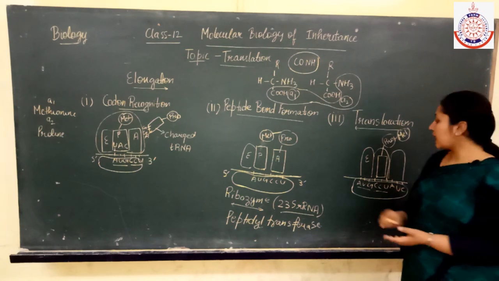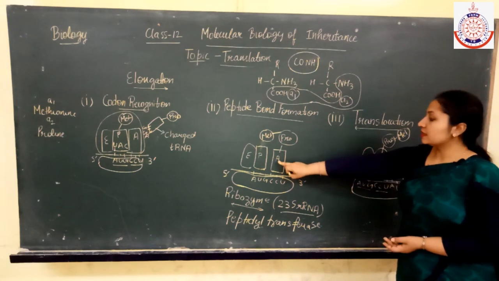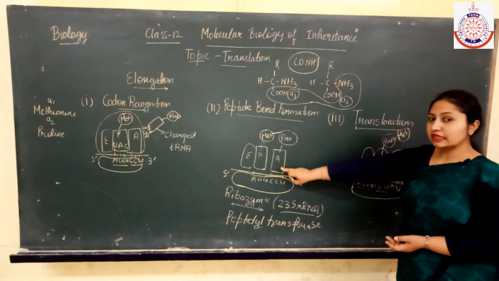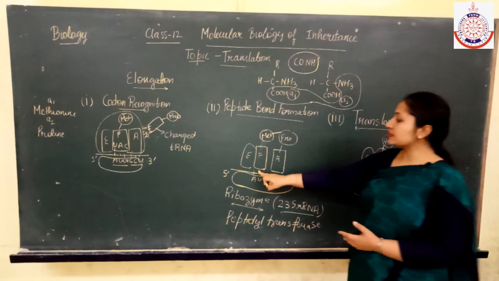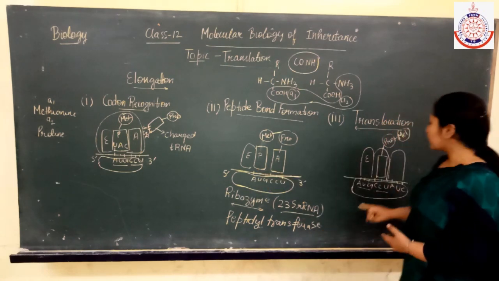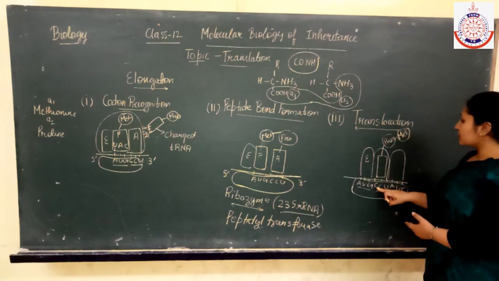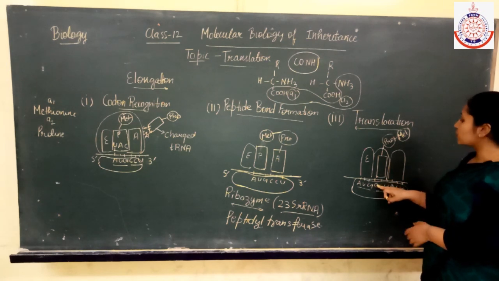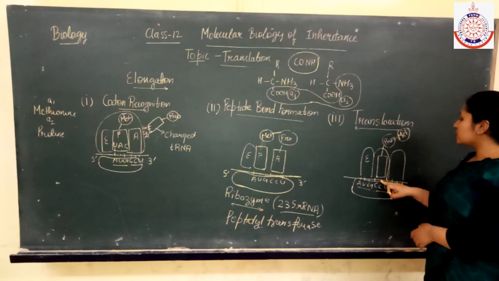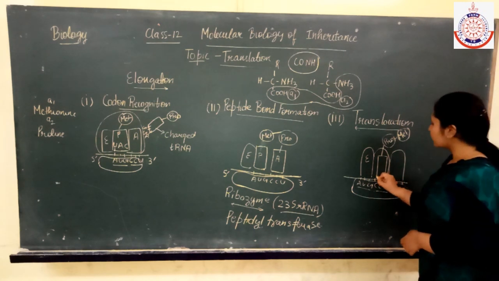Translocation means that the tRNA in the A site translocates to the P site. Okay, so this tRNA has the complementary base pairs with the CCU, that is GGA. It means it has the GGA anticodon.